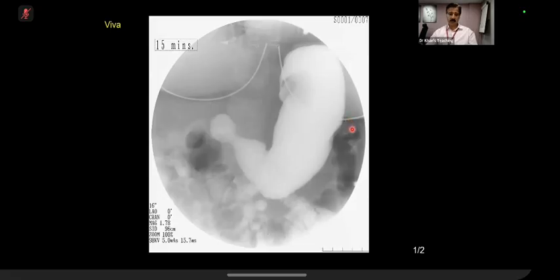Okay, candidate 6. This is a single contrast barium examination. Anything you can pick up in the stomach? So I can't make out any of the rugal folds, but it's all contrast opacified. In the region of the fundus, there looks like there might be a rounded filling defect. Excellent.